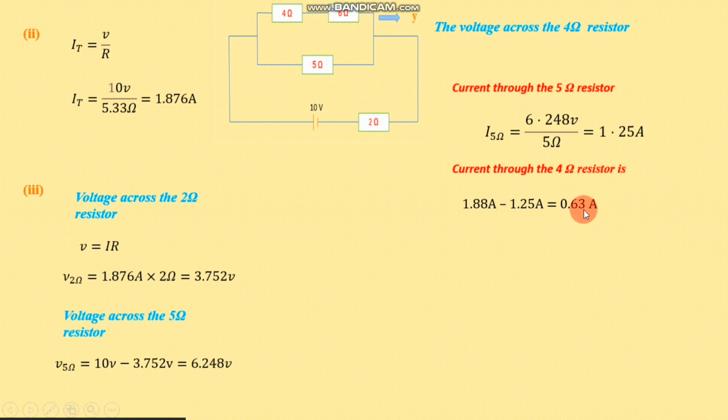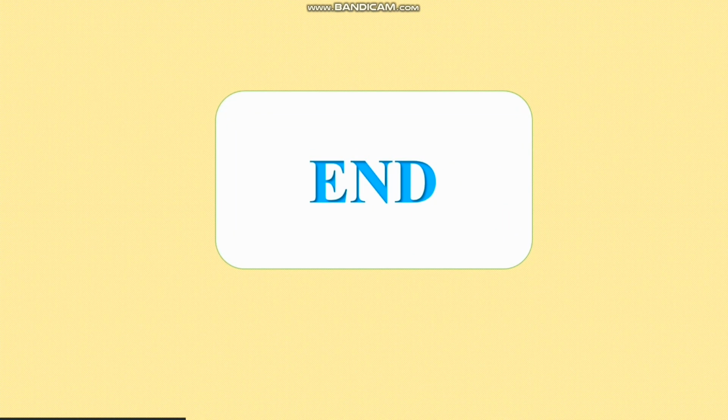Now this will help us to calculate the potential difference across the 4 ohm resistor, which is given by the current times resistance. The current is 0.63 amperes. We multiply by the resistance, which is 4 ohms, and we get 2.52 volts.